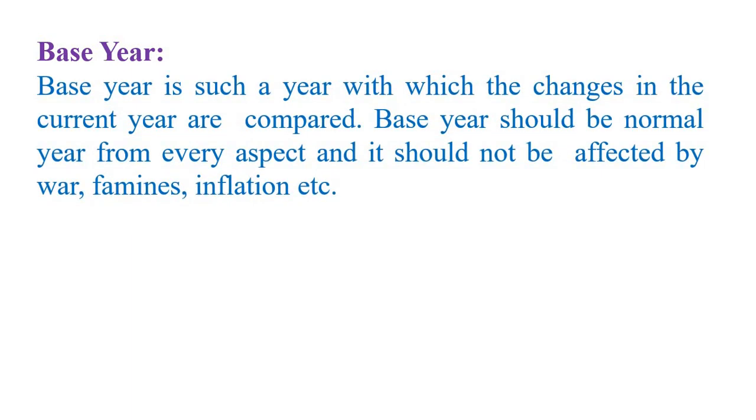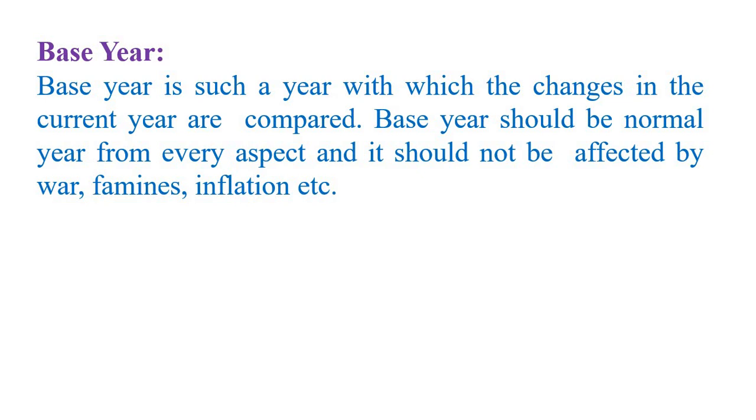Now, we are going to study two years: one is the base year, and the other is the current year. We'll study the base year first. What is meant by base year? It is the year with which the changes in the current year are compared. The base year should be a normal year in every aspect.